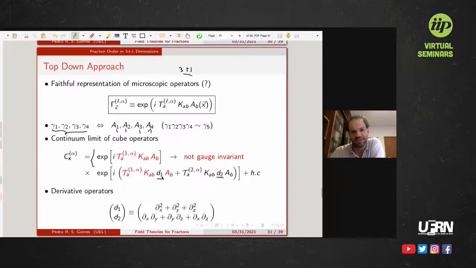These derivative operators, D1 and D2, are defined in this way. And I will try to understand the physical meaning of this term. I marked here in red because one important point is that this structure here is precisely this structure together with this D1 operator.